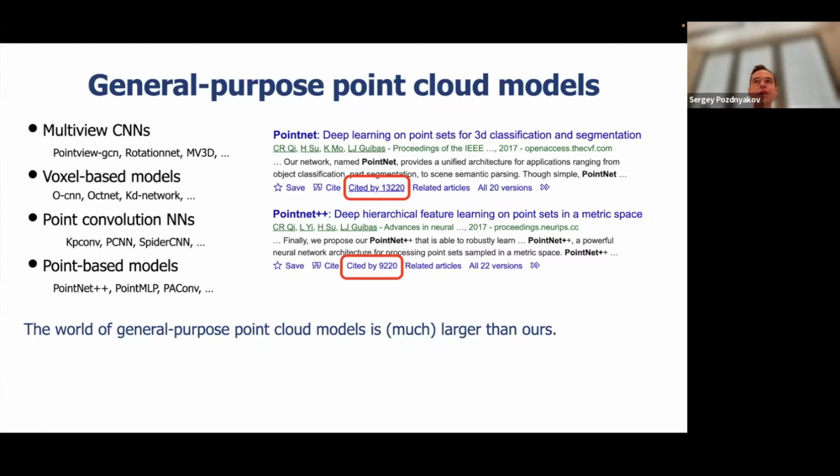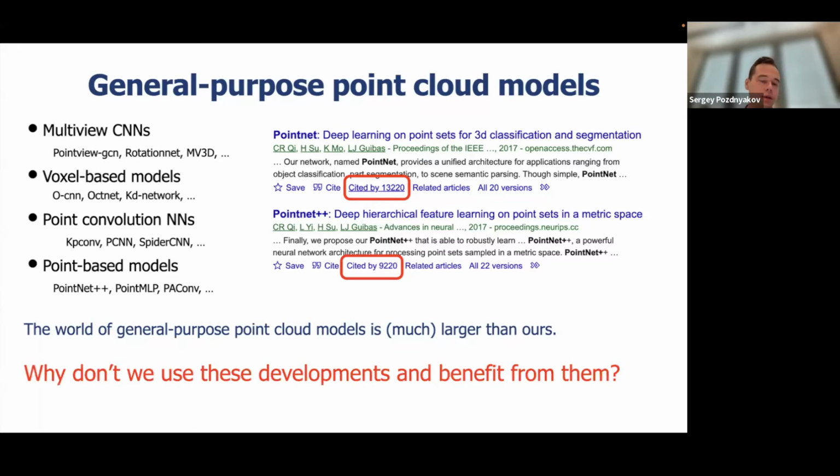So the number of GPU hours is also much larger. So one can simply make a statistical argument that probably many cool things and many cool ideas have been proposed in this domain. And this immediately raises a question: why don't we borrow these developments and apply them in atomistic modeling? And why instead do we keep stewing in our own juice? Why do we still keep inventing and reinventing bicycles?